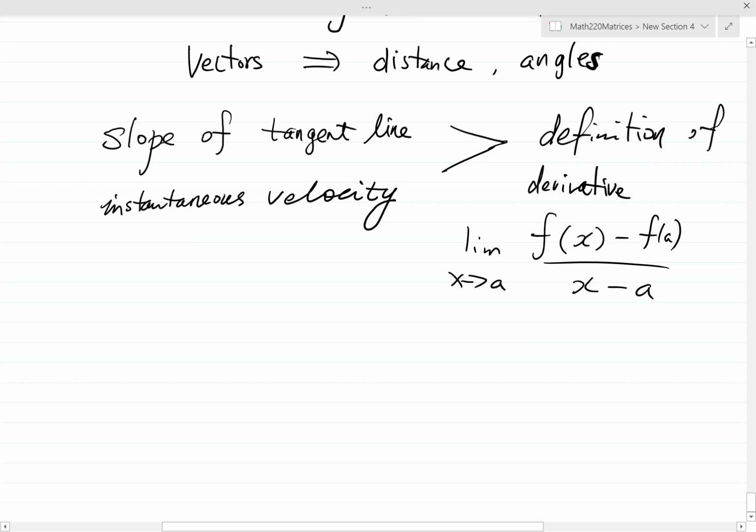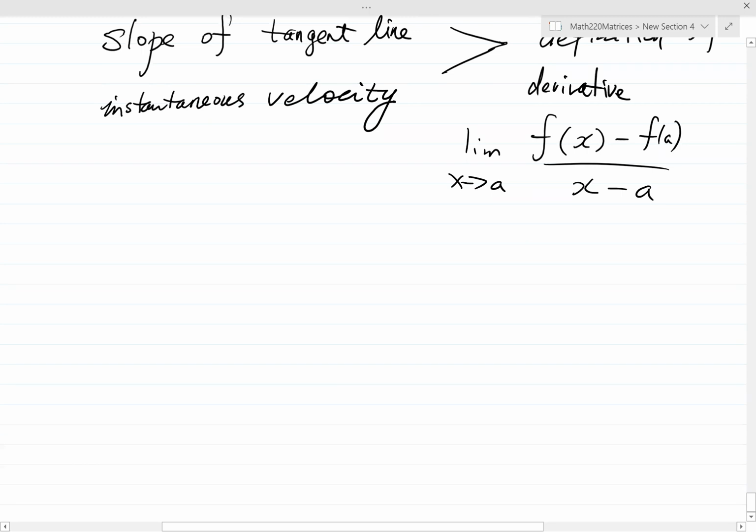Let me mention a little more about the development. In the second half of the 20th century, there is a branch called algebraic geometry.